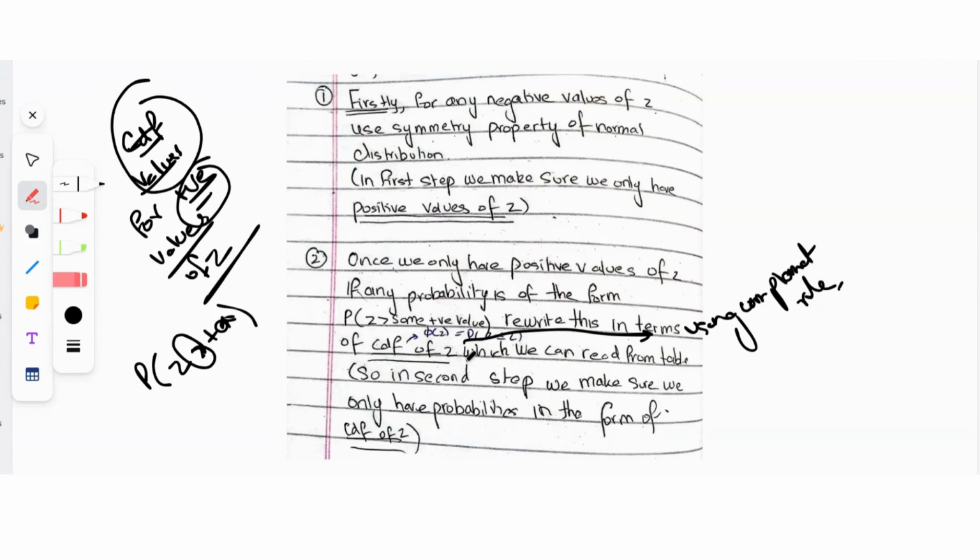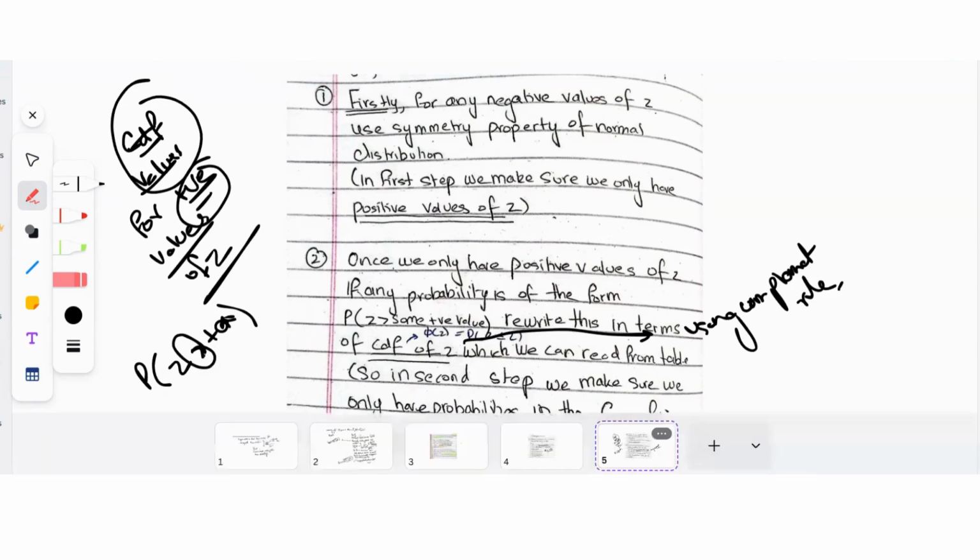Once you only have positive values of z, if any probability is in the form probability Z is greater than some positive value, we know the Z table gives us probabilities of the form probability Z is less than or equal to some positive value. So we'll rewrite this in terms of the CDF of Z using the complement rule, and then we can read that from the table.